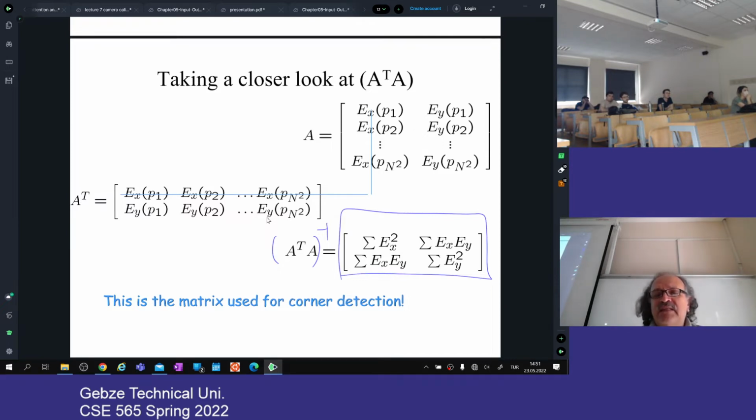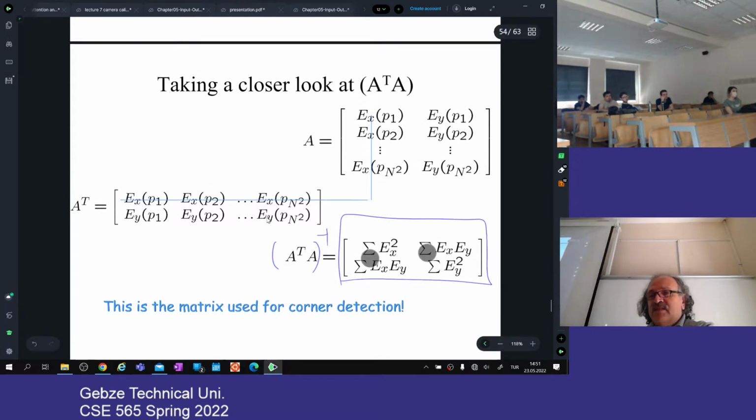This is exactly the same matrix that we have solved for corner detection. We said that if this matrix has 2 eigenvalues, then there would be a corner. If there is one, there is an edge. If there is no eigenvalue, it's all 0, then that means that it's a flat region.